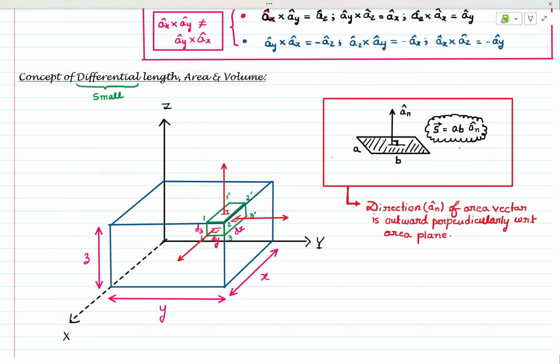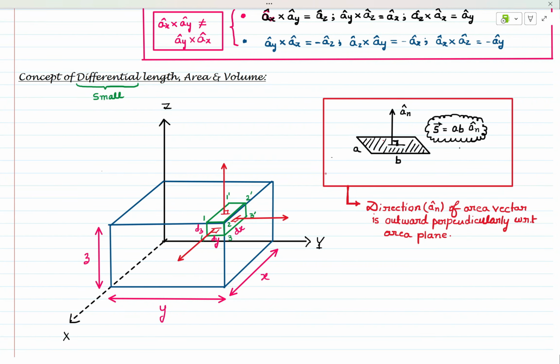Whatever I am writing, the same concept will be implemented in this case also. That is the differential length, area, and volume. So I am writing here that if I consider this area as a vector, AB as a vector, then what will be the direction? This is a vector, it must have a direction. Its direction will be outwards with respect to the AB plane, right?